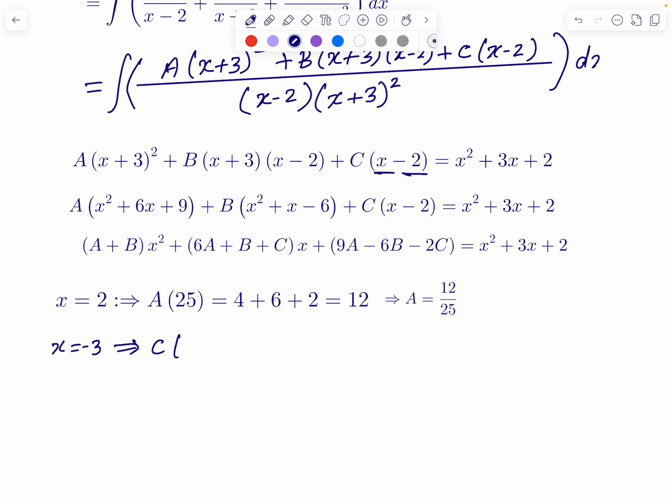And we can find c. X is minus 3, therefore we're going to have c times minus 3 minus 2, which is minus 5.